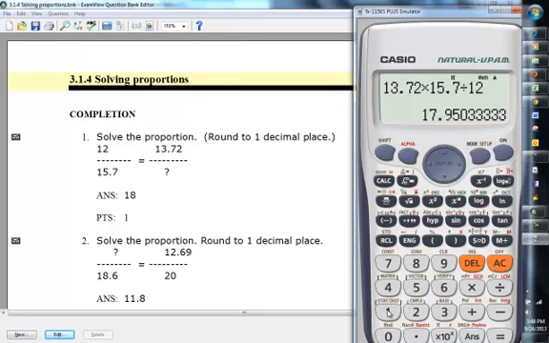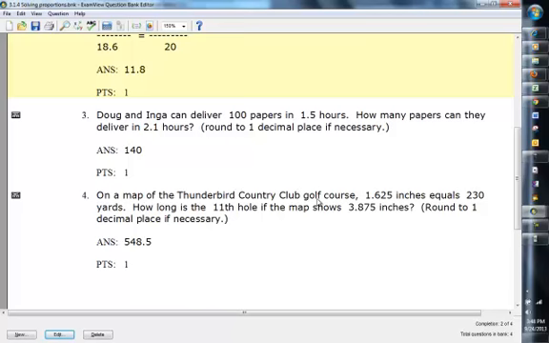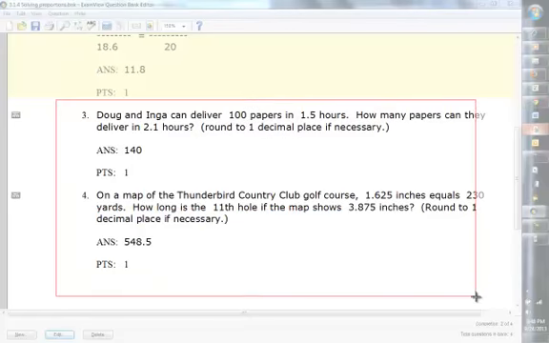Next one, cross multiply. 18.6 times 12.69 divided by 20 gives us 11.8, 1 decimal point. Doug and Inga can deliver 100 newspapers in 1.5 hours. How many can they deliver in 2.1 hours?